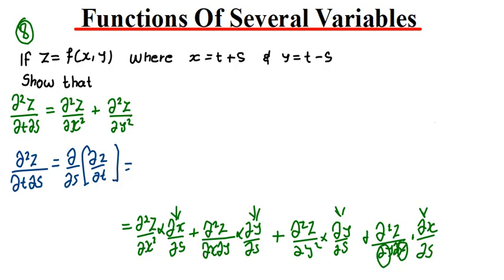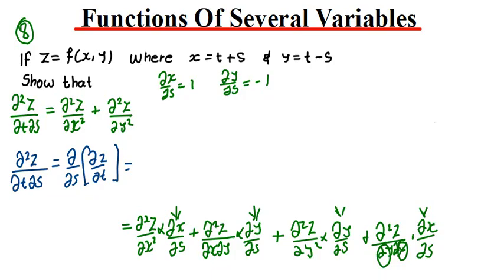So partial of x with respect to s is equal to 1. You treat this as a constant, you differentiate this one, you get a 1. Then what about partial of y with respect to s? So partial of y with respect to s is equal to negative 1. So you get negative 1 there. Okay, then you can bring it right here.